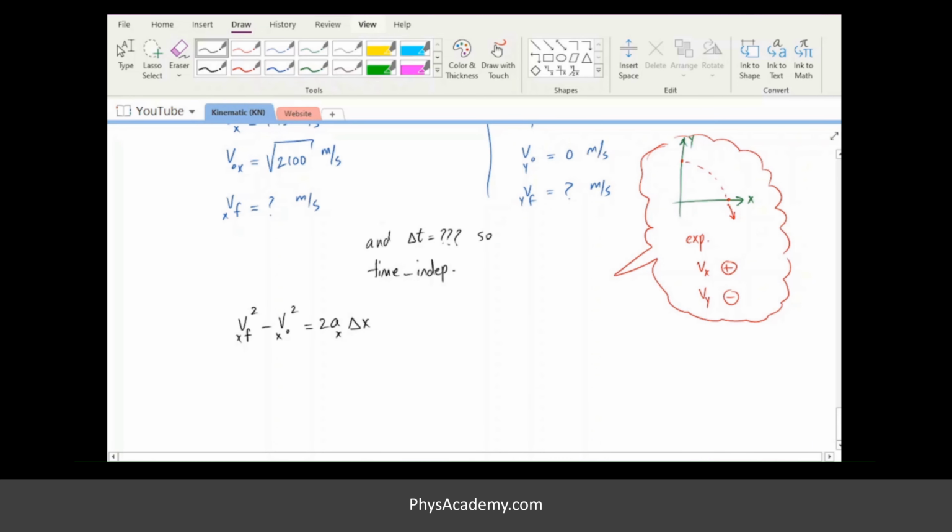Alright, I'm going to write down the time-independent equation of motion, then plug in the values and work through them to get to the final values for the x and y components of the impact velocity.